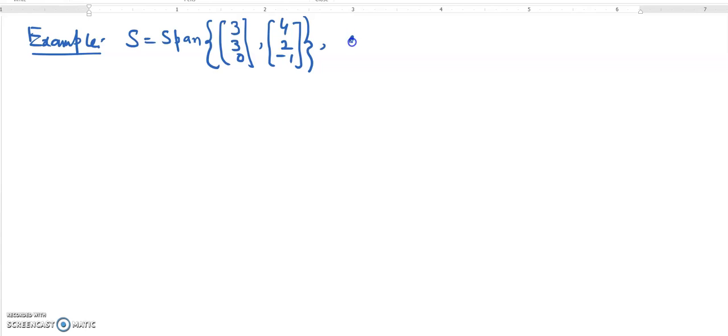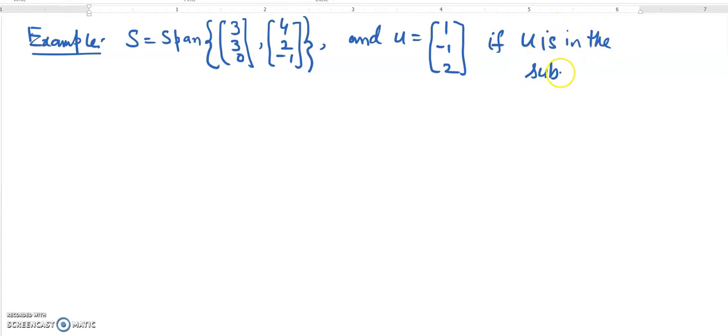And if we have a set U which is equal to 1 minus 1 2, then what we want to determine is whether U is in the orthogonal subspace S perpendicular.